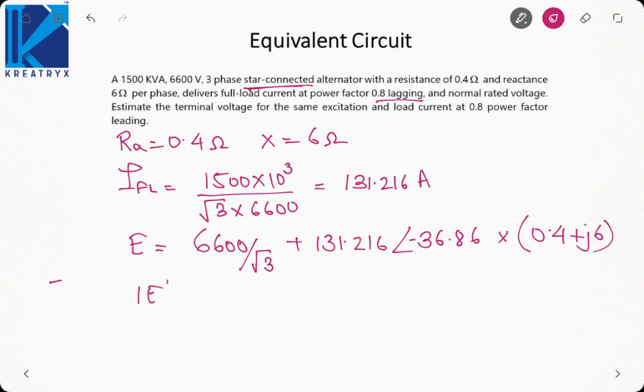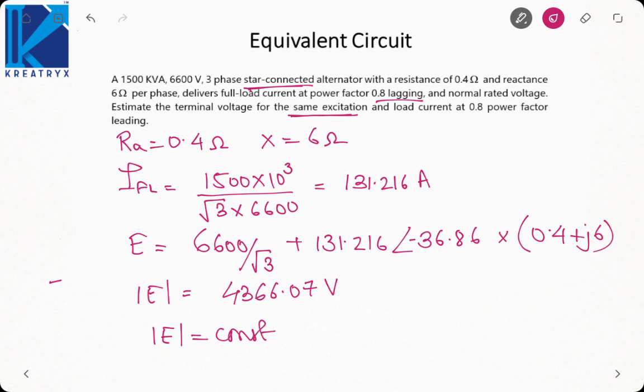This gives us the magnitude of EMF to be 4366.07 volt. Now it is saying for the same excitation, that is mod E in this case is constant. Excitation remaining the same means field current remains the same. If field current is the same, the induced EMF will also be the same.